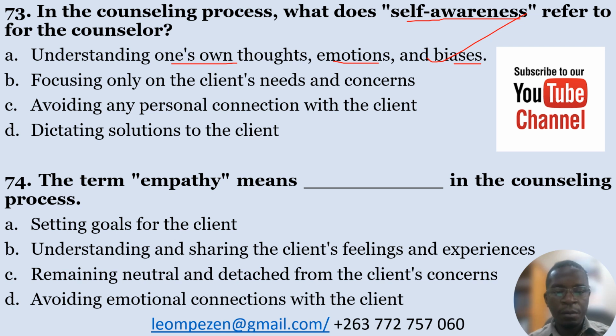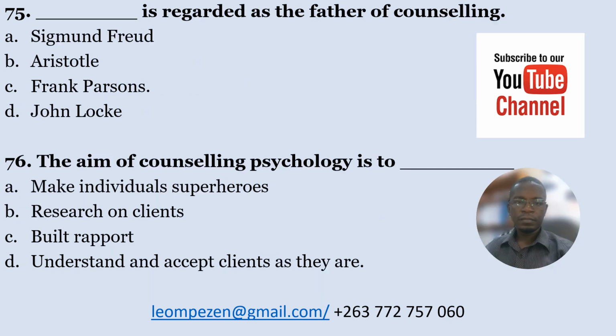The term empathy means B, that is understanding and sharing the client's feelings and experiences. In other words, putting yourself in the shoes of the client to experience what he or she will be experiencing. So the correct answer, number 74, is B.